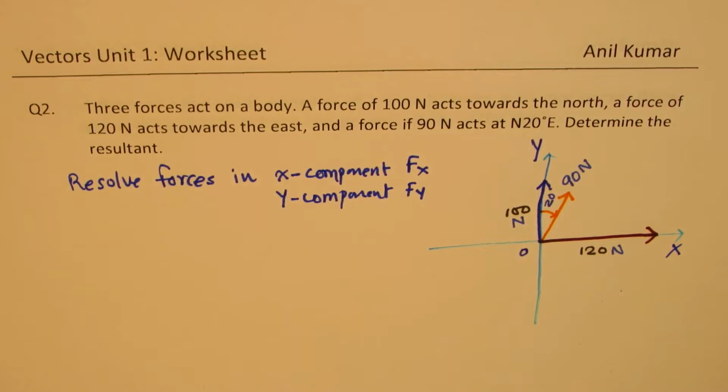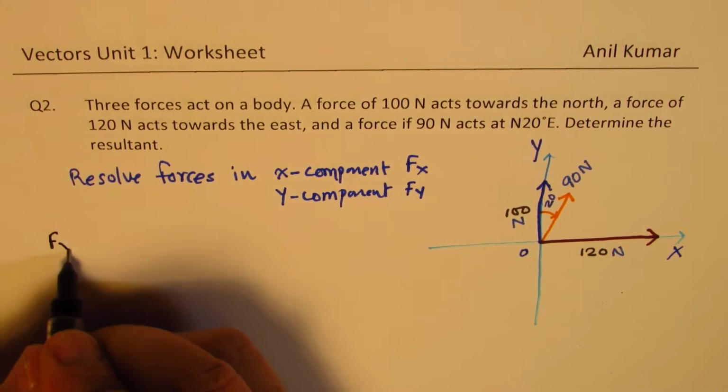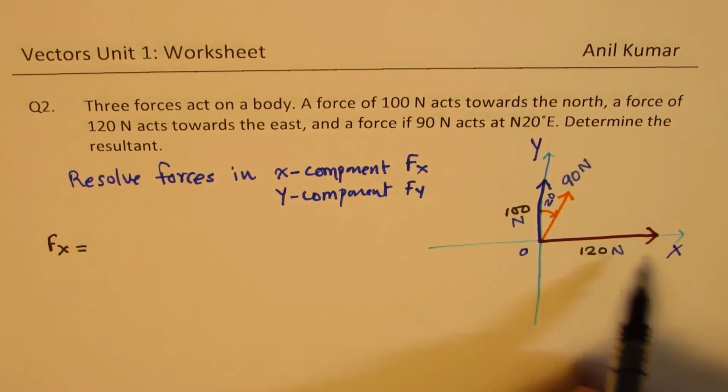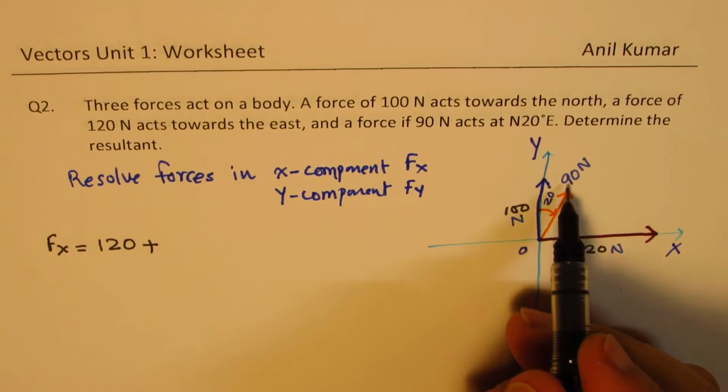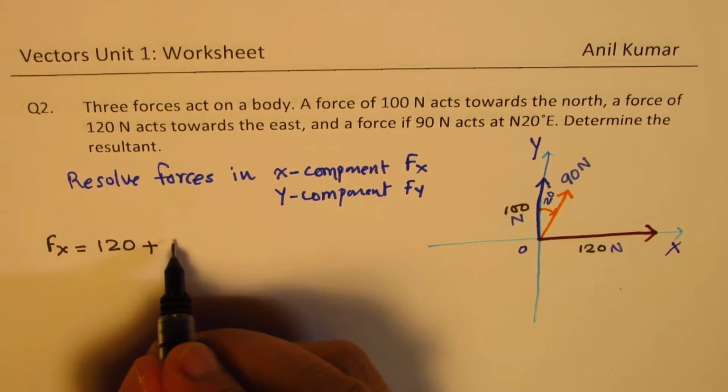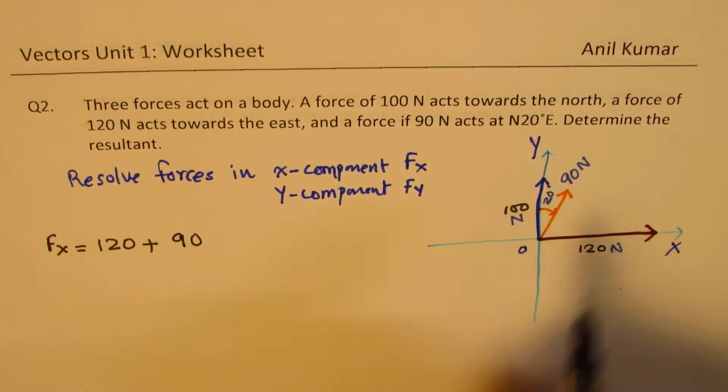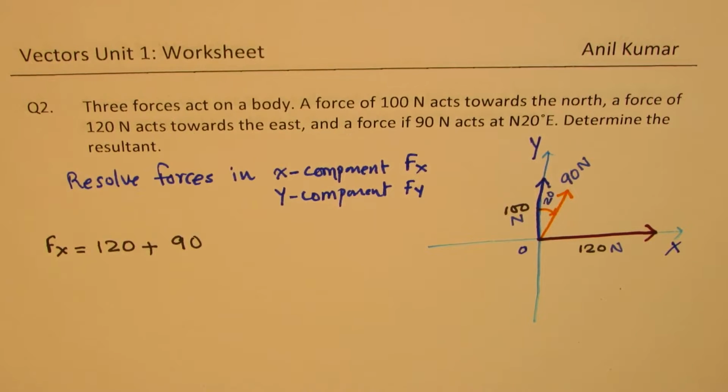Correct? So here we already have the two forces which are in the x and y direction. The only thing which we need to take care of is the 90 Newton force, which is 20 degrees east of north. So clearly from here, the x component of the force is 120 newtons plus 90 times the horizontal component.